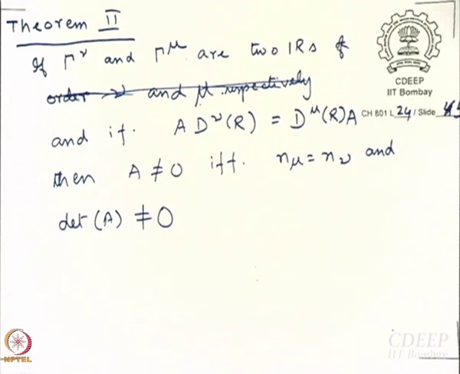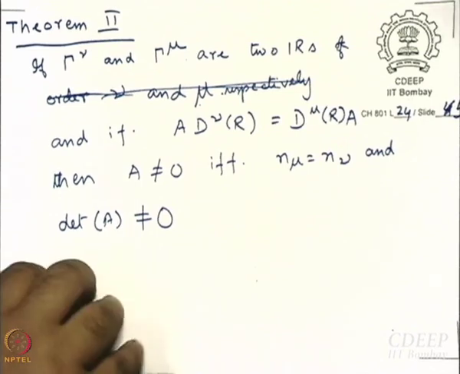That is no fun. For all R's, then A is non-zero if and only if the two dimensionalities are the same and det A is non-zero. Okay. And since we are writing A here, that is a hint that this A also has got something to do with the A that we used earlier, right.